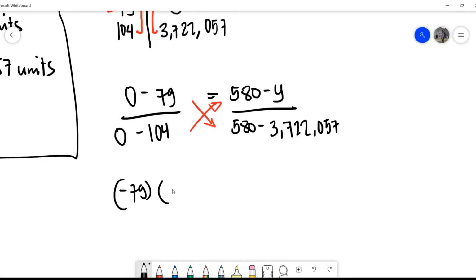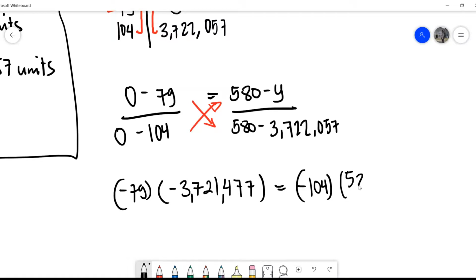That is negative 3,721,477, equals negative 104 multiplied by 580 minus y.